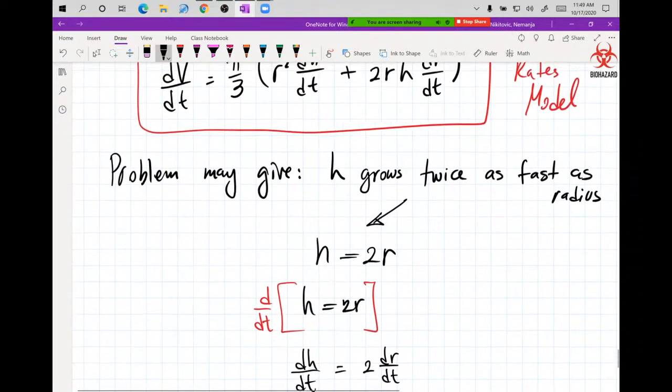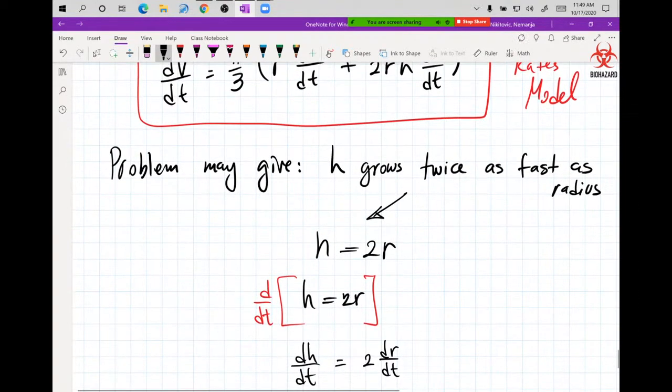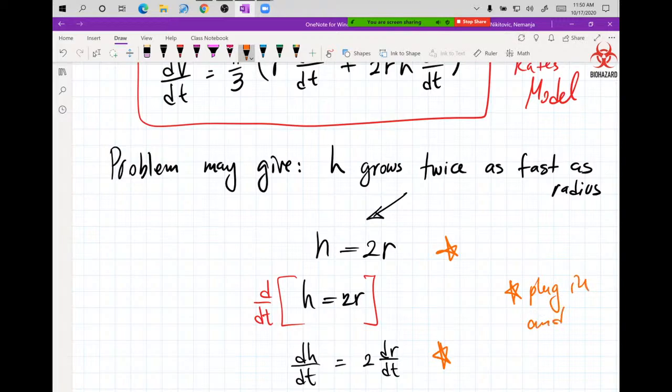And here are the missing pieces that you can plug into the formula. So let me put the star over there, and say plug in and replace unwanted variables. Why do I say unwanted?